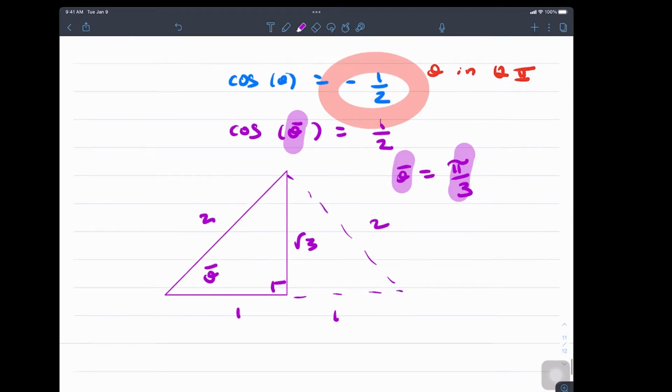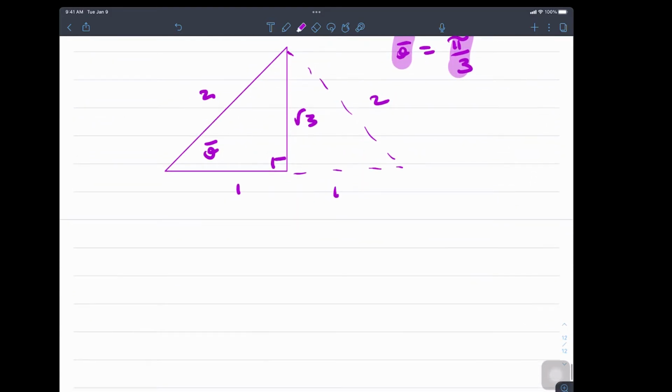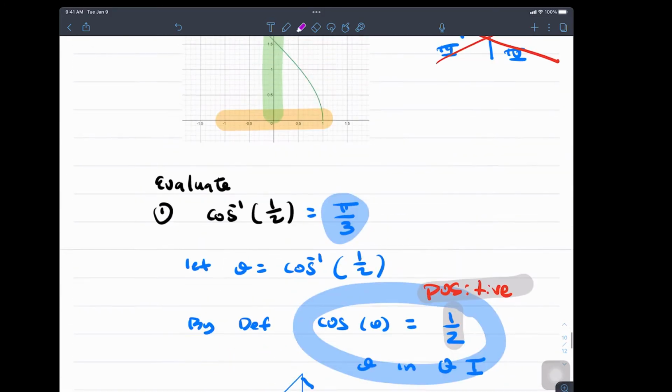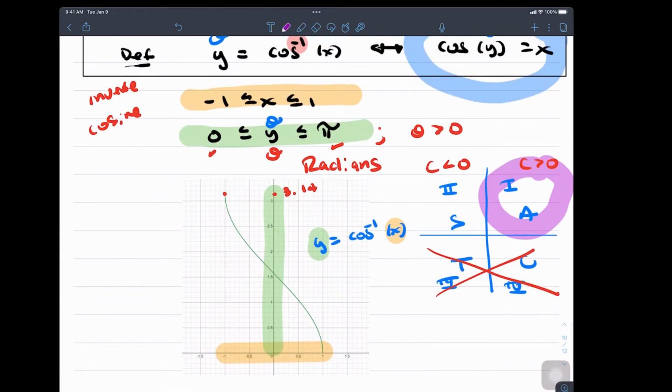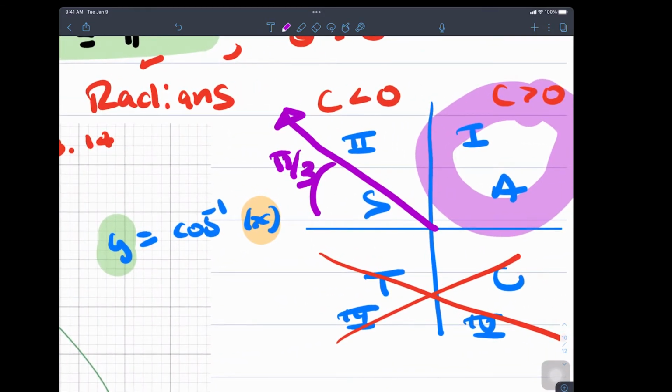So you might go back and say, well, how does that work? Well, remember the reference angle. How does it really work? This here is that reference angle of pi over 3. Okay? That's not the answer, though.